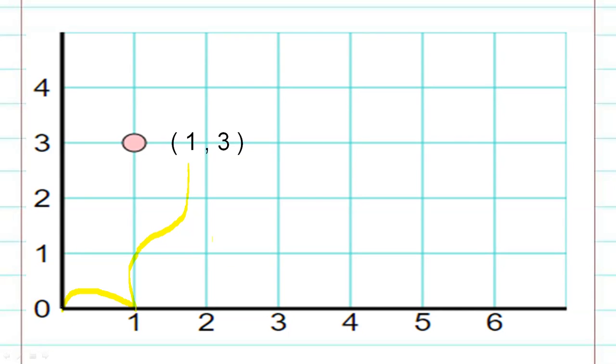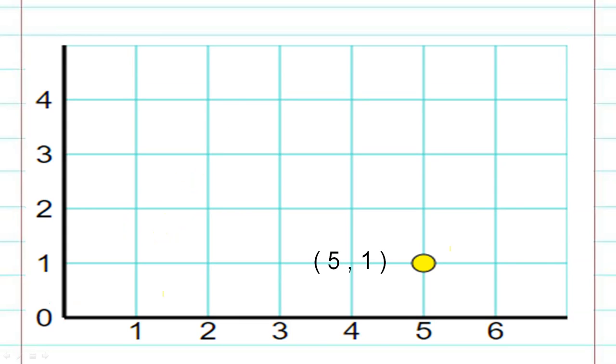I'm writing 1 here. And now how many steps am I taking? 1, 2, 3. So it means the next coordinate will be 3. Now, what about this one? Look over here. The first will be your 5. Now, what about the y coordinate? You can match these. It will be 1.